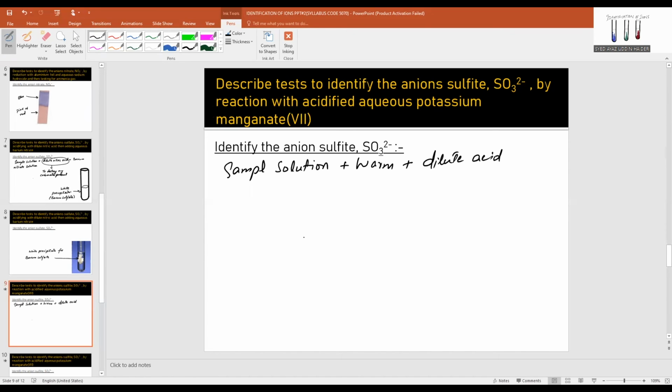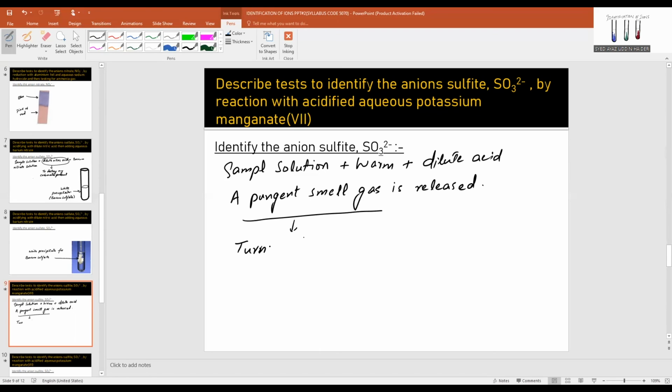A pungent smell gas is released, which turns acidified potassium manganate 7 from purple to colorless.